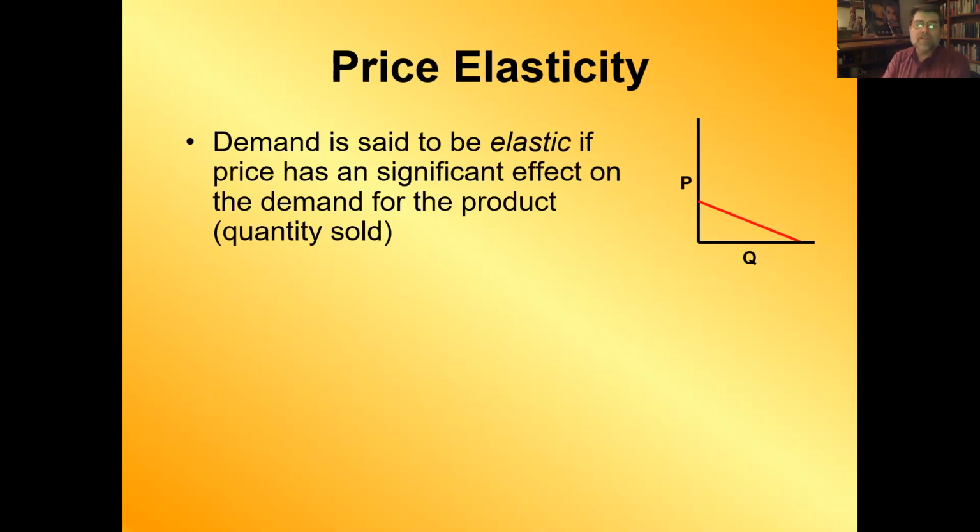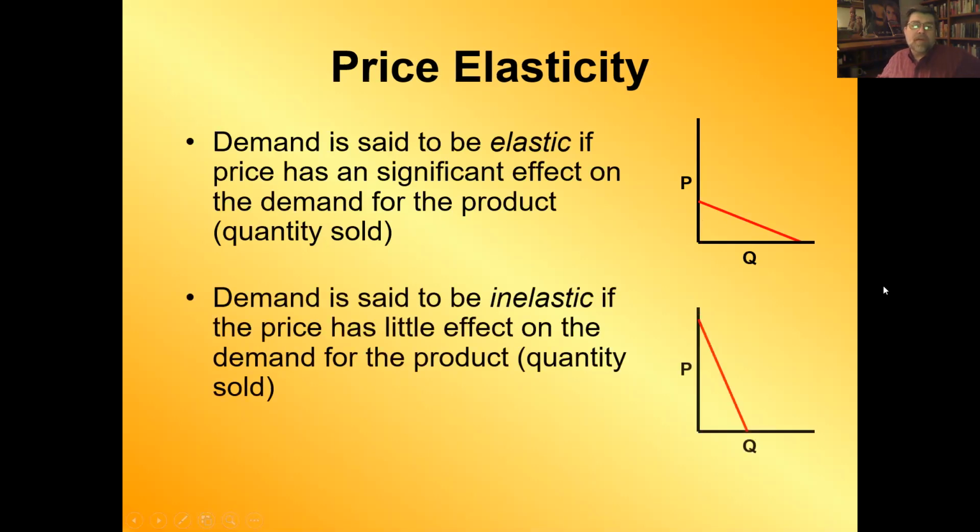Now, demand is said to be elastic if the price has a significant effect on the demand for the product or the quantity sold. And here we see we have a very shallow demand curve line. So if we change the price here from, let's say, this point to this point, it's actually going to have a more significant effect on the quantity demanded.